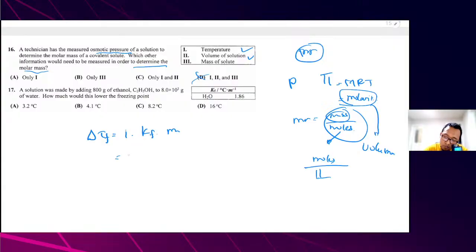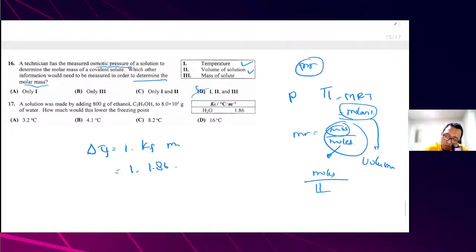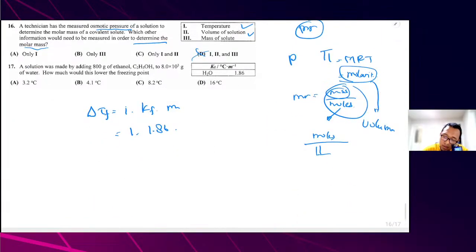The i itself is 1, KF is 1.86. How about the molarity? M is coming from moles divided by the total of solute in kilogram.